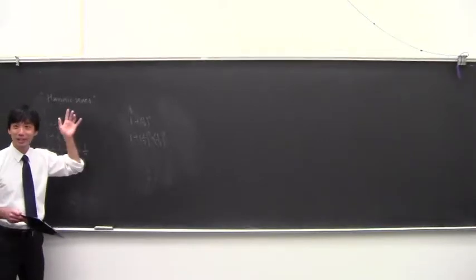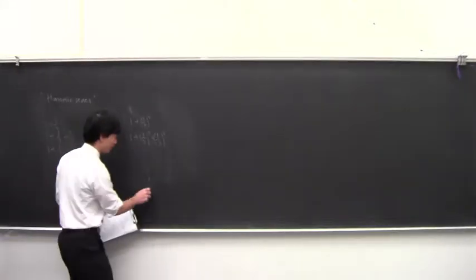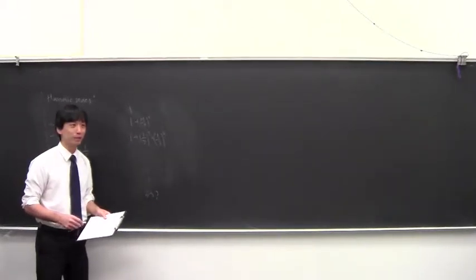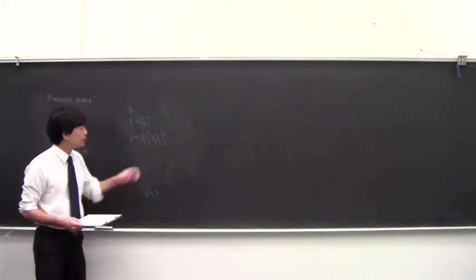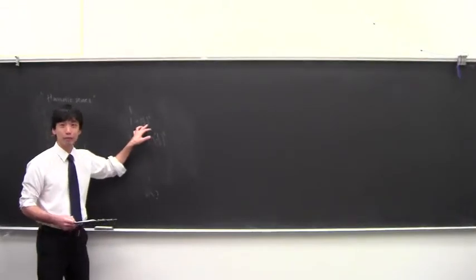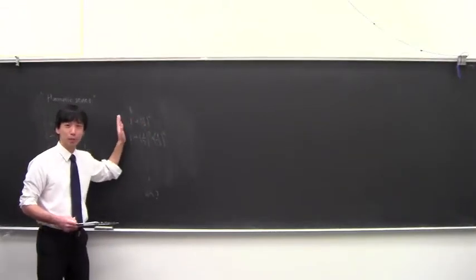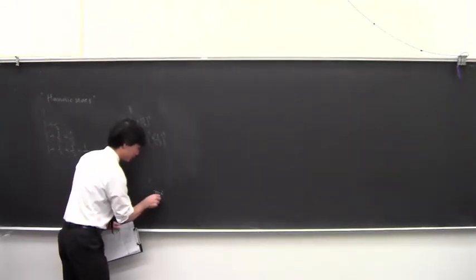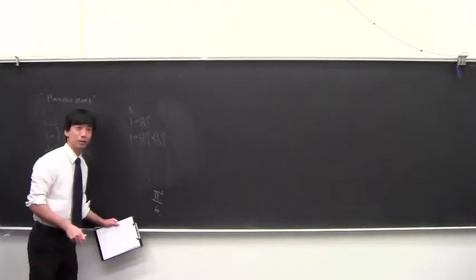Wouldn't it still be infinite? Anybody else? It turns out that these things are shrinking fast enough that what you get is something finite. In fact, you get something really wonderful, which is pi squared over 6. It tends towards pi squared over 6.